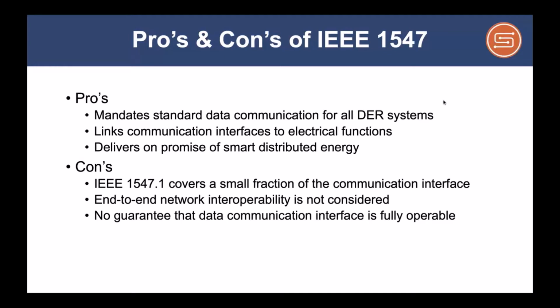And what this means is that if you were to rely on IEEE 1547 alone, end-to-end network interoperability is not considered, and so it would be difficult to achieve. And that results in the fact that there's no guarantee through IEEE 1547 that the data communication interface is fully operable.